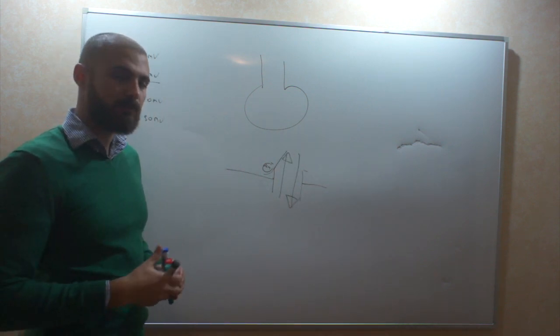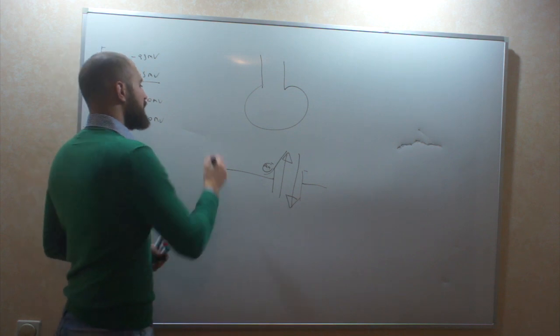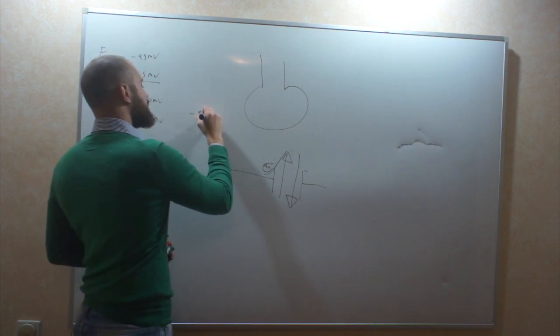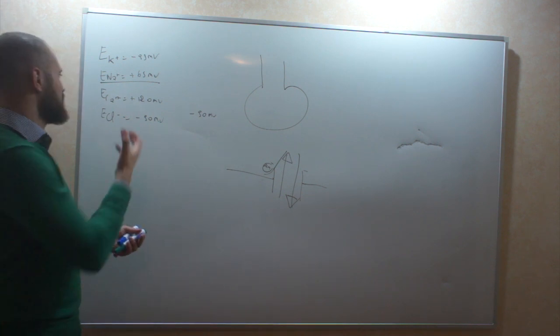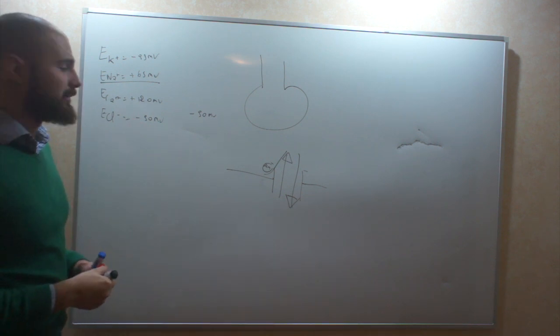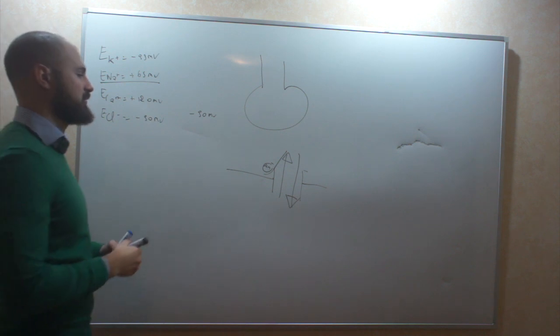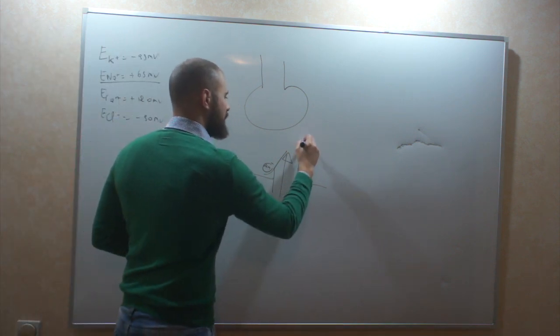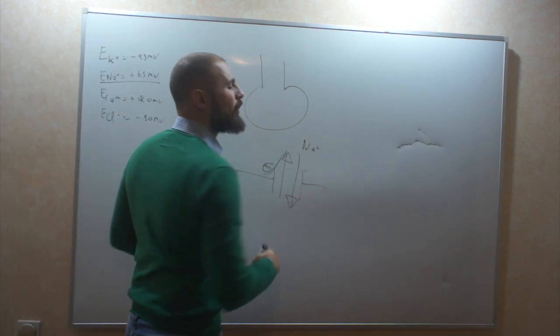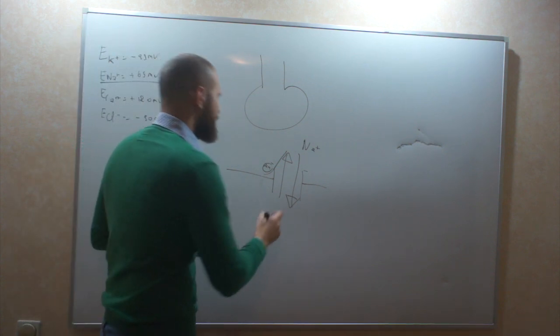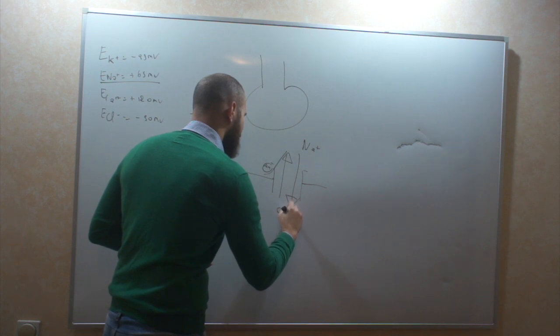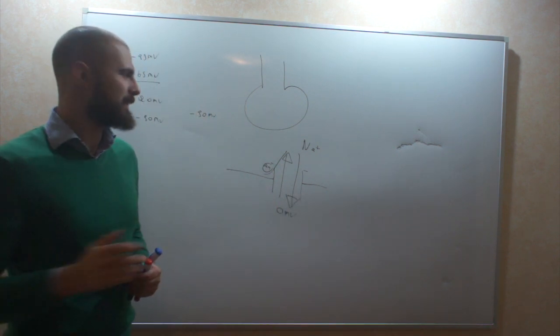But what I told you, it's already at minus 90 millivolts. So what will it change for the potassium? It won't change much. So the driving force for sodium is way, way higher. So it will equilibrate at 0 millivolts, approximately.